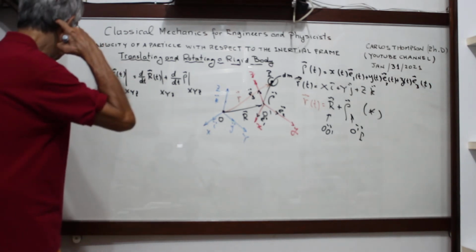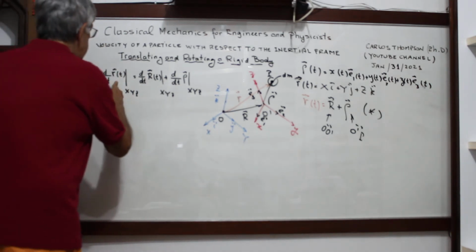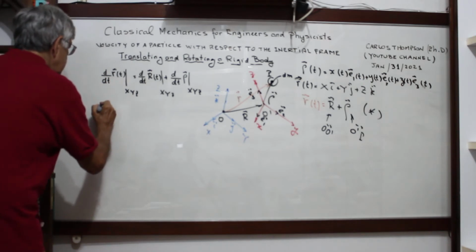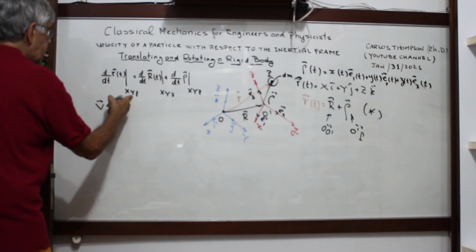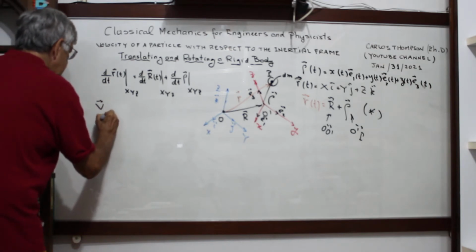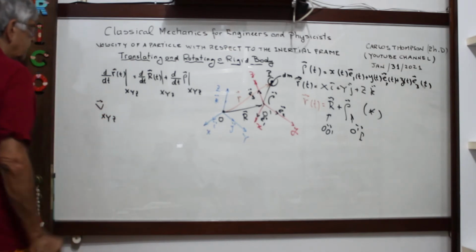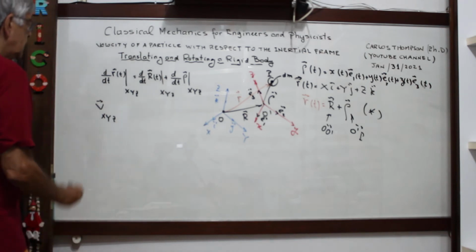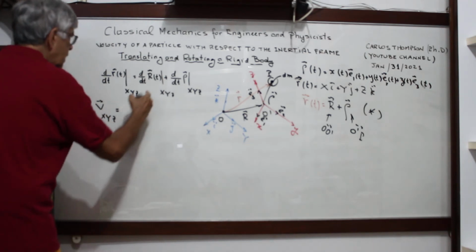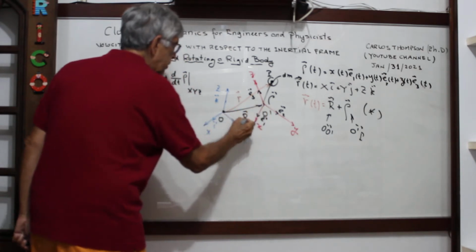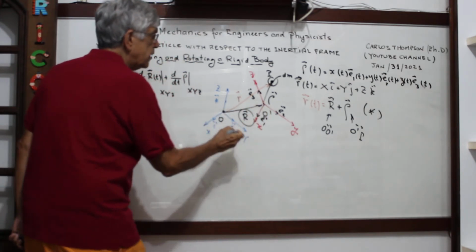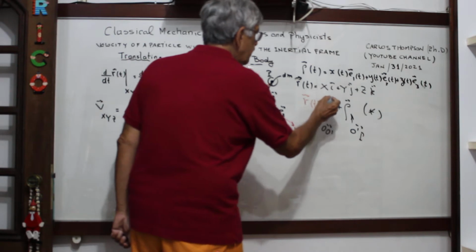Now, this over here is the vector v with respect to x, y, and z, okay? And the translation, point O, point O prime, R here changes with the time, you see?